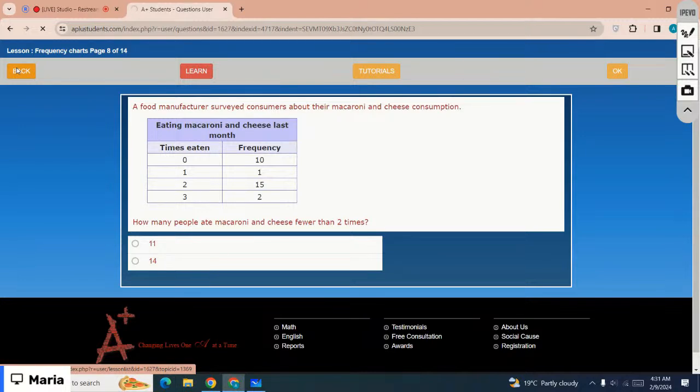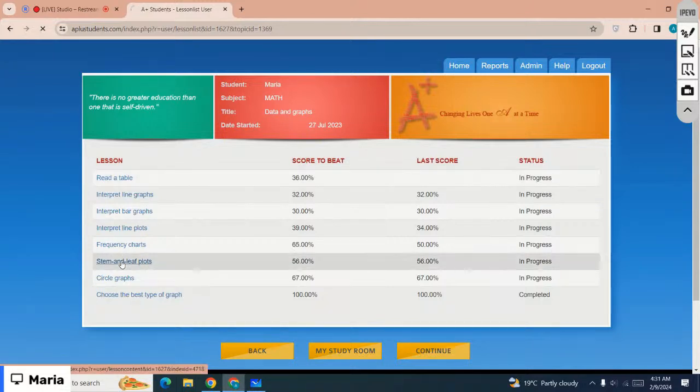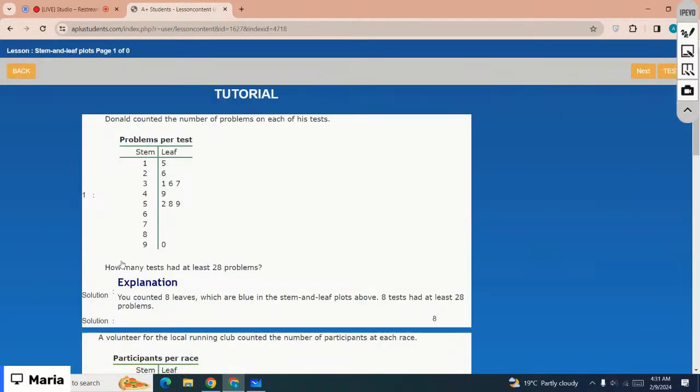Let's just move on to the next lesson, and the next lesson is stem and leaf plots. Donald counted the number of problems on each of his tests.